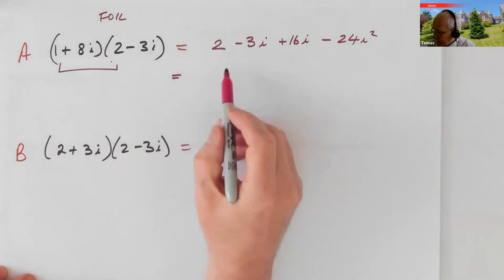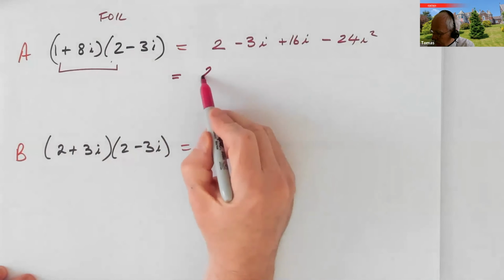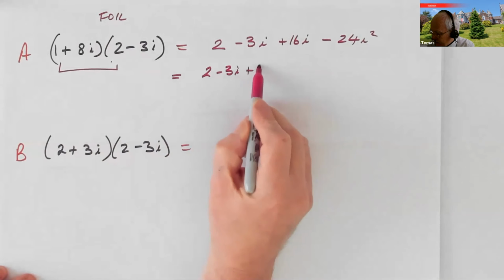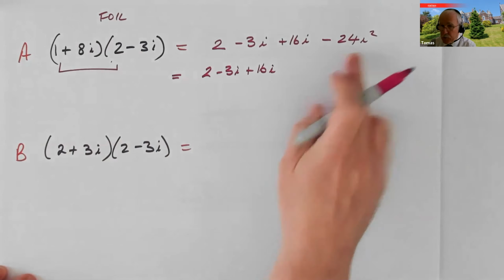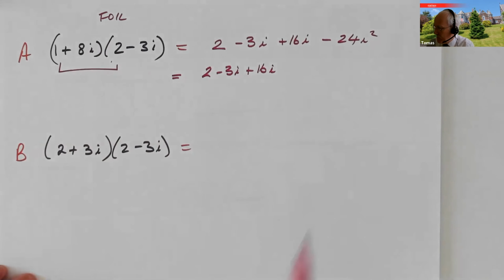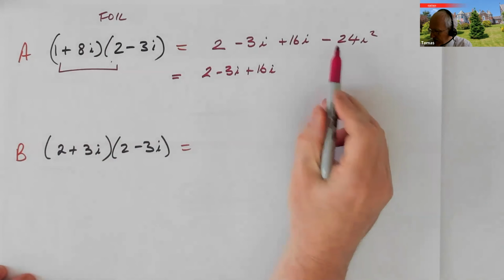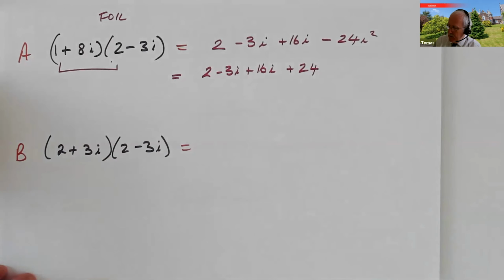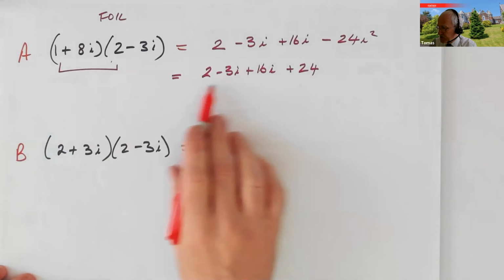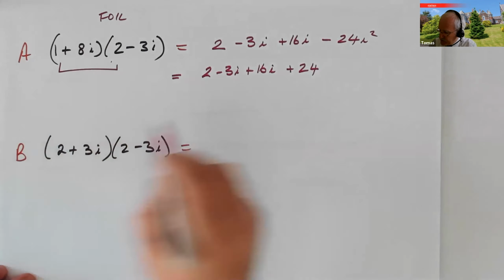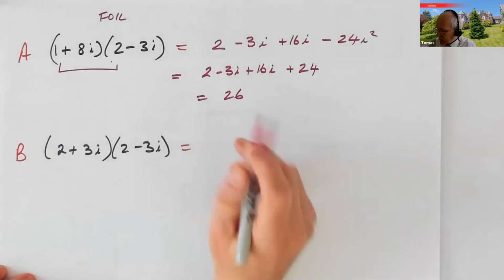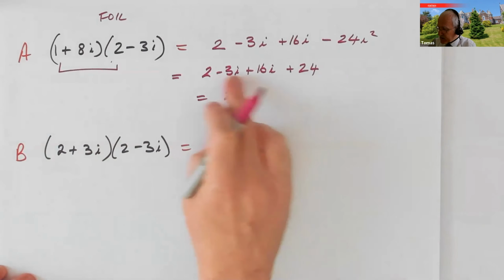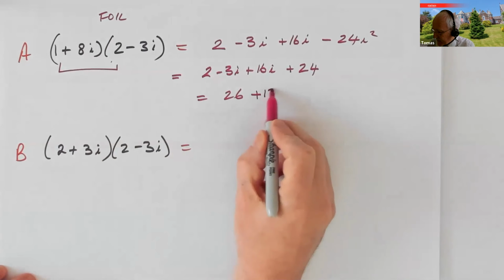So that turns out to be 2 minus 3i plus 16i, and i squared is minus 1. So minus 1 by minus is a plus, so that becomes 24. And if I join the real numbers together, I have 2 and 24, that gives me 26. And if I join the imaginary numbers, 16 and minus 3, I get 13i.